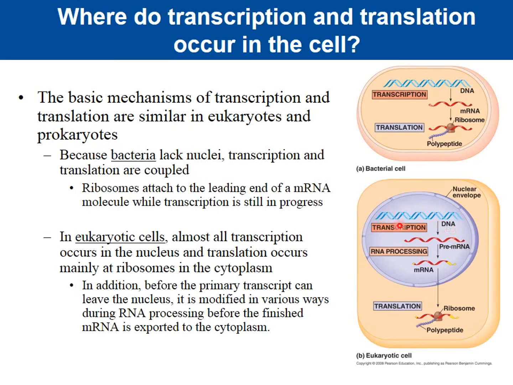And so you'll notice transcription and translation are spatially separated. In eukaryotic cells, transcription happens in the nucleus because that's where the DNA is. But translation occurs in the cytoplasm because that's where the ribosome is. And the ribosome, remember, is our organelle responsible for protein synthesis.